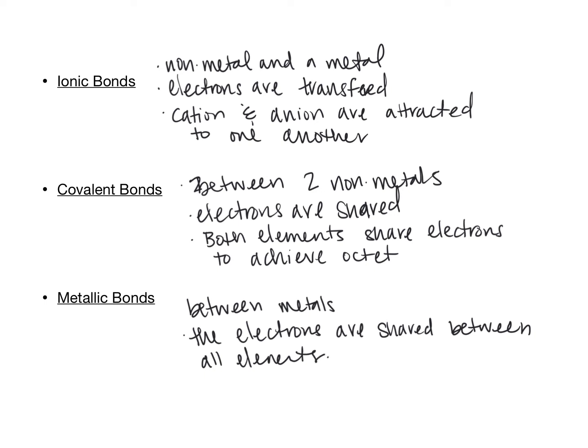And the sharing creates an electron sea. This electron sea allows the electrons to move back and forth, which is part of how metallic compounds can, but not always, conduct electricity. So these are the 3 main types of bonds.